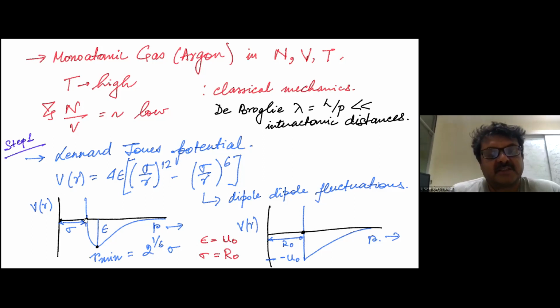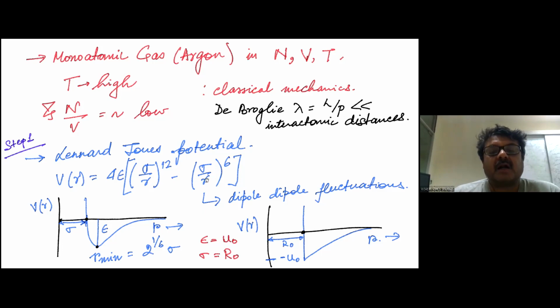So when they're just touching, the interaction is considered to be 0. So that's this point when r equals sigma. But just beyond r equals sigma, this attractive part plays a role.